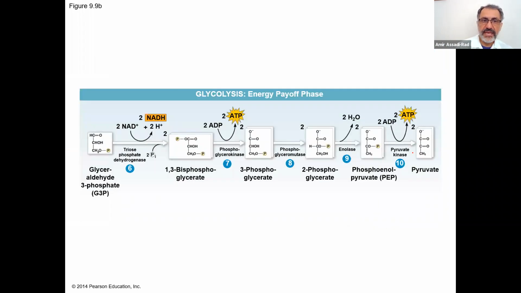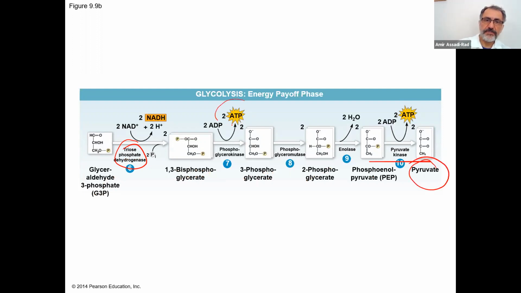Then step number 6. Each step has an enzyme. Triose phosphate dehydrogenase converts glyceraldehyde 3-phosphate to 1,3-bisphosphoglycerate, and 3-phosphoglycerate becomes 2-phosphoglycerate, and 2-phosphoglycerate becomes phosphoenolpyruvate, and then eventually becomes pyruvate.